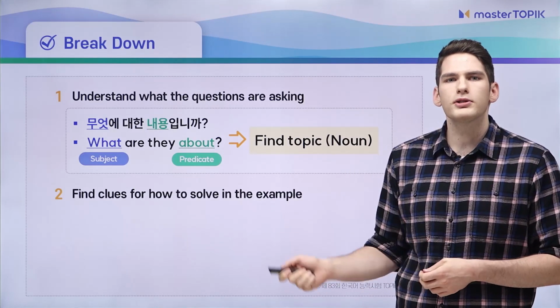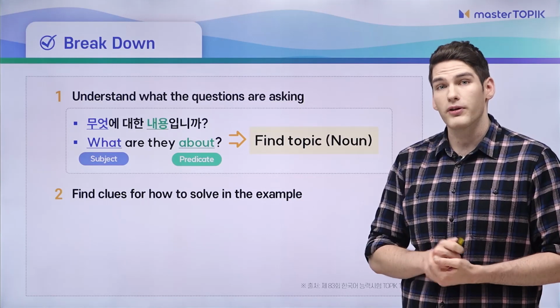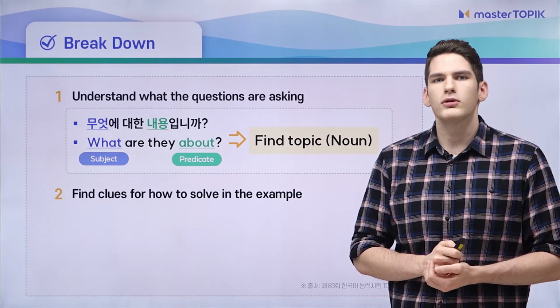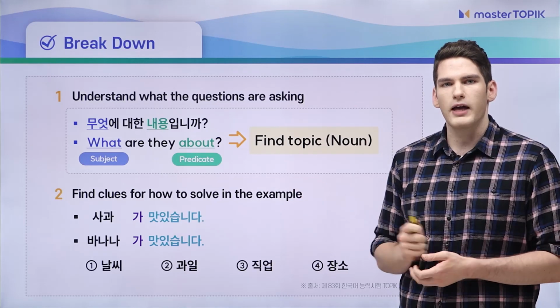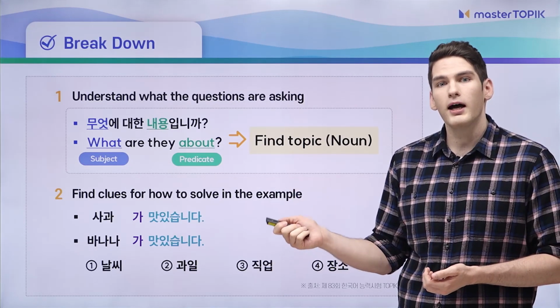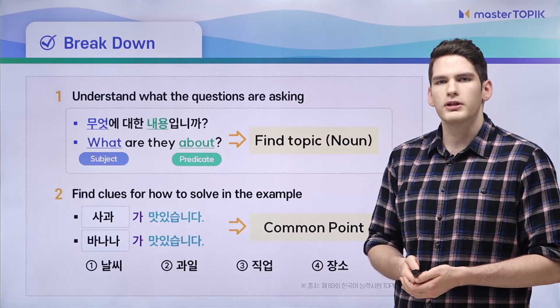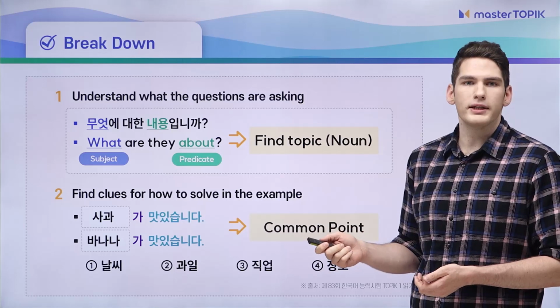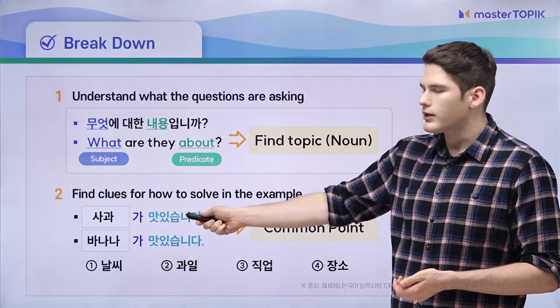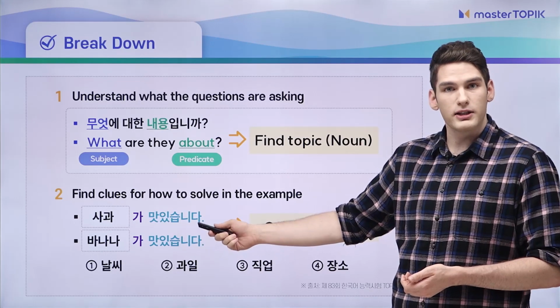All right, and you can also find clues for how to solve the problem in the example that they give you, all right? So let's just say that this is your example. 사과가 맛있습니다. 바나나가 맛있습니다. All right, so we're going to be looking for a common point here. So if you look over here, both end in the same verb, 맛있습니다, delicious, right?